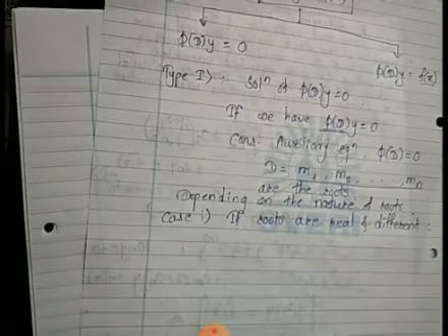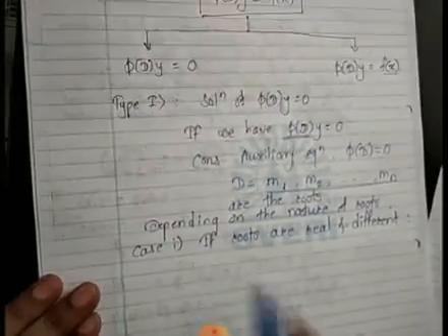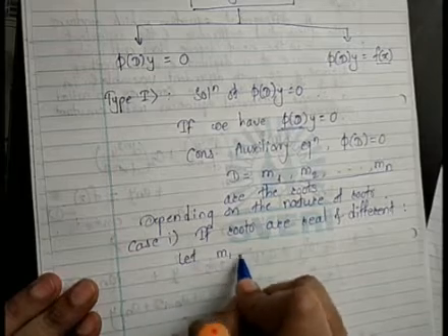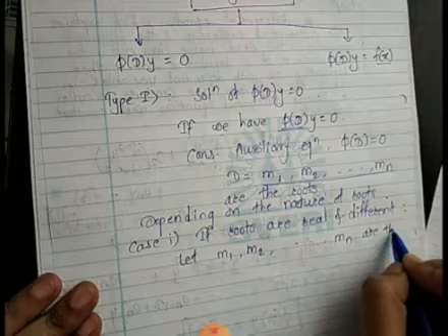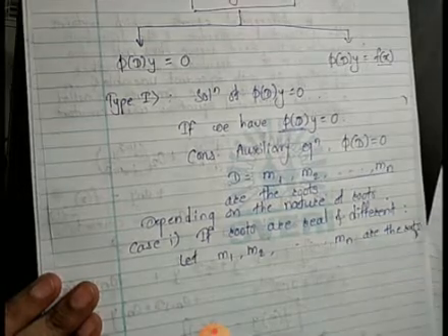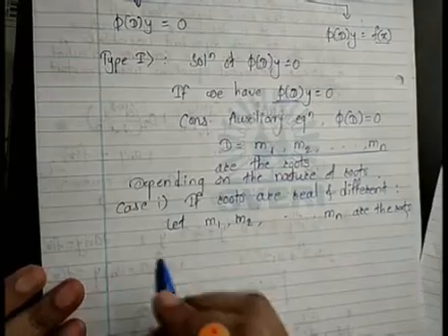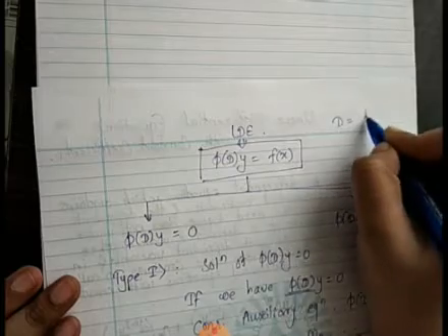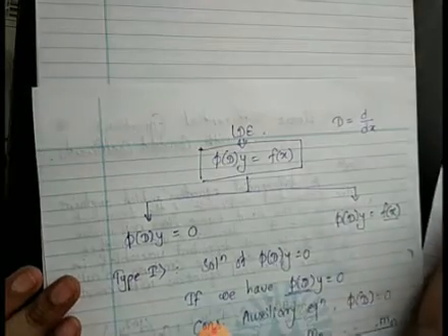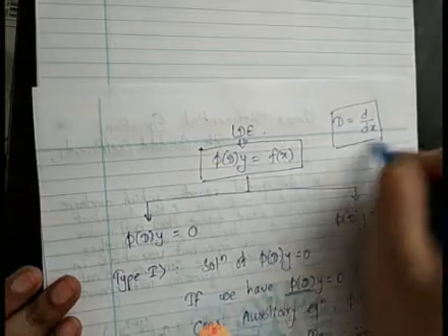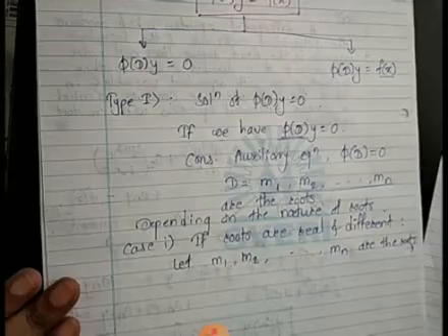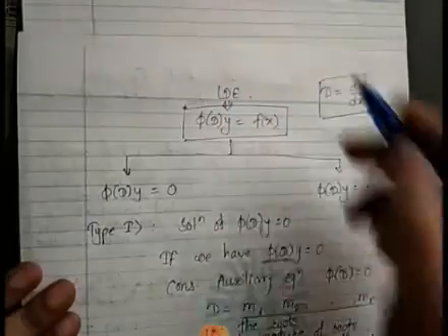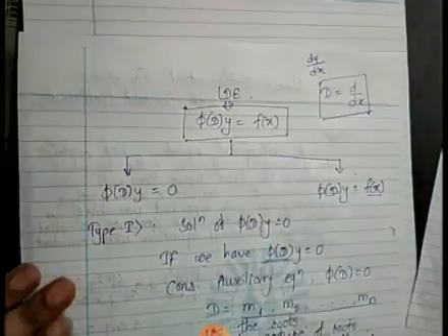So we are seeing the first type. If the roots are real and different, that is, let m1, m2, and so on, mn be the roots which are all real and different. Then, one more thing I forgot to tell you: here D is d by dx. So our independent variable is x in this case and dependent is y. It is obvious we are taking dy by dx into consideration. That's why we write the solution.